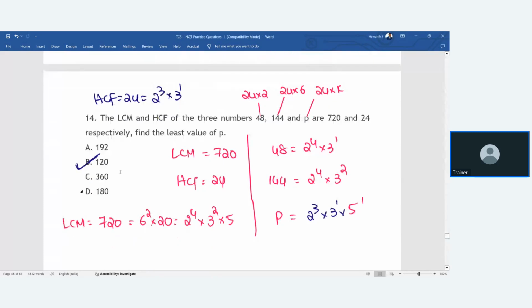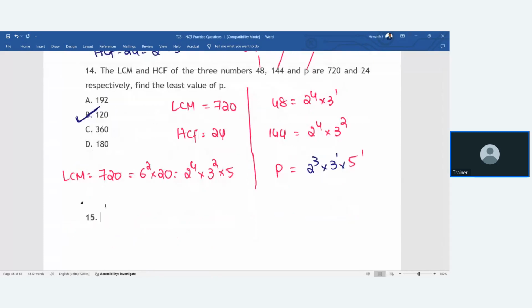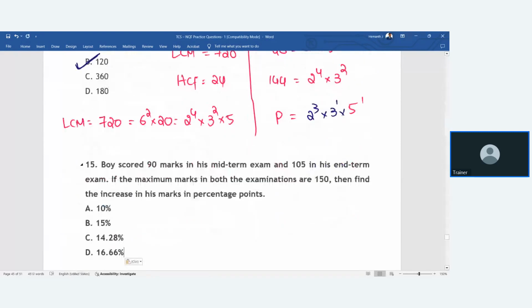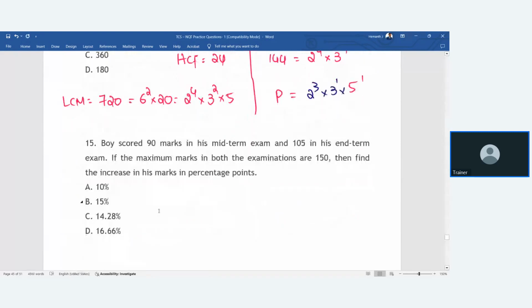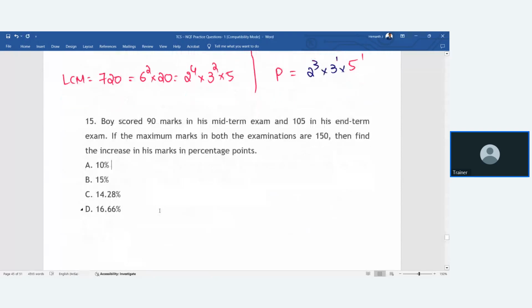Different topic. Let's see this question, related to percentage. A boy scored 90 marks in his midterm exam and 105 in the end term exam. If the maximum marks in both exams are 150, then what is the percentage increase in percentage points? 90 out of 150 means 60%. 105 out of 150 means 70%.